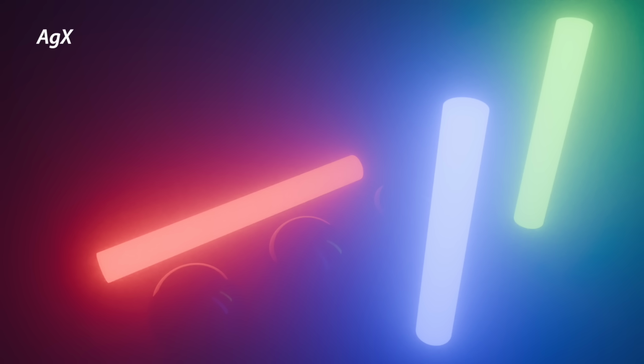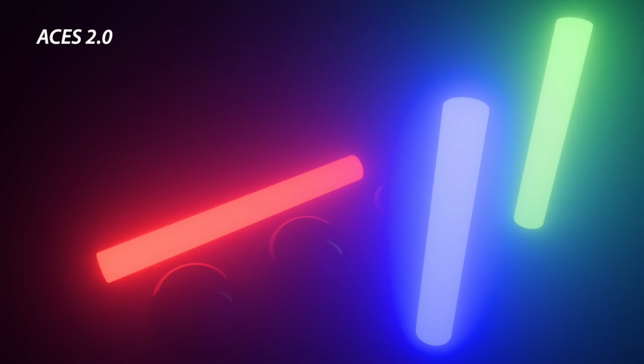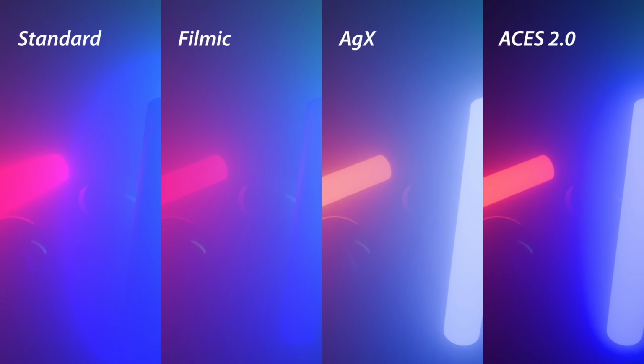If we look at AgX, AgX does a much better job of handling the brightness and intensity of representing these colors, but it is a little bit washed out. When we come over and we take a look at this with ACES 2.0, we get that. So we get a good representation of the bright, luminous cylinders, and the saturation of the glow is really good.